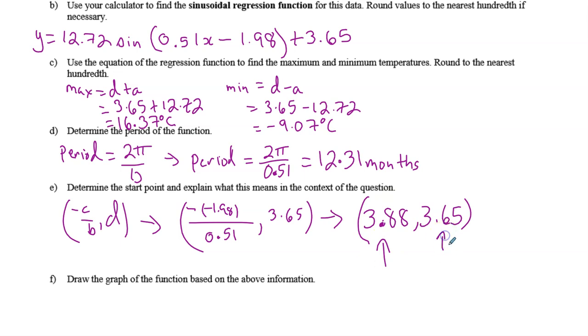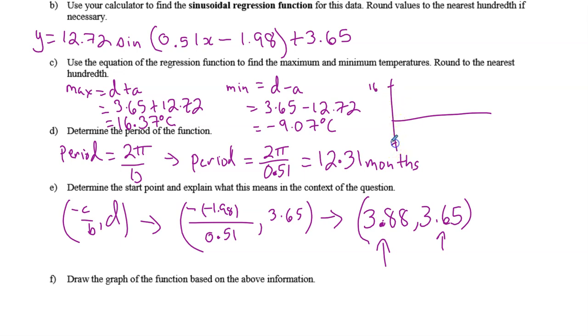So this is 3.88 months. This is 3.65 degrees. So in the context of this question, remember a start point. We haven't plotted the graph yet. We'll do that in a little bit. So let's see what we know about this. We go to a maximum of, so let's call that 16.